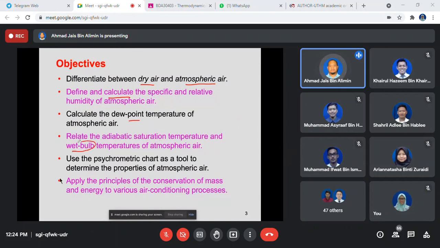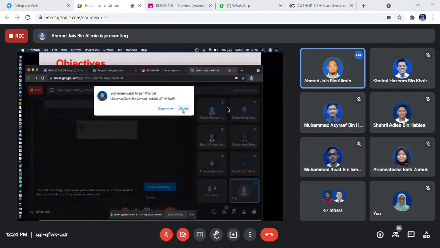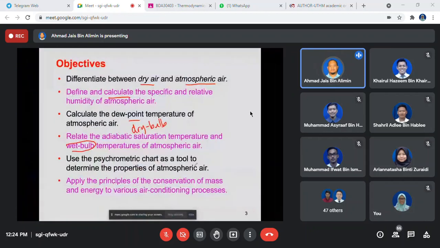So when we're talking about wet bulb temperature, we're going to talk also about the dry bulb temperature reading. And the next one is the use of the psychrometric chart as a tool to determine the properties of the atmospheric air. And lastly, how we apply the principle of conservation of mass and energy to the various air conditioning processes.